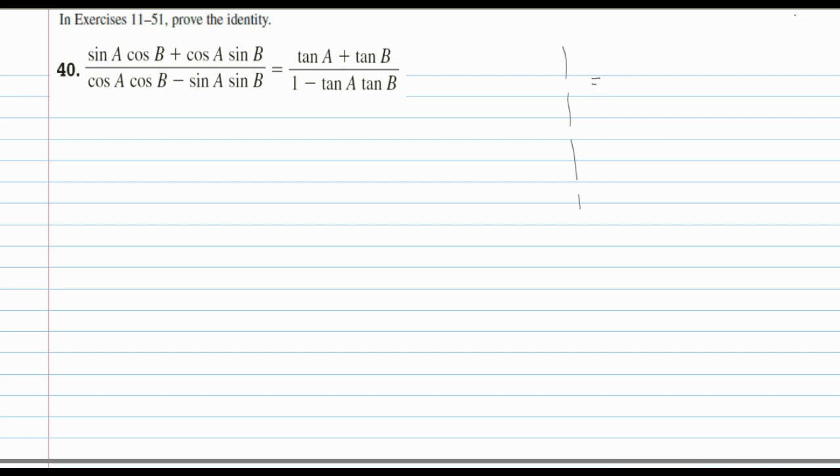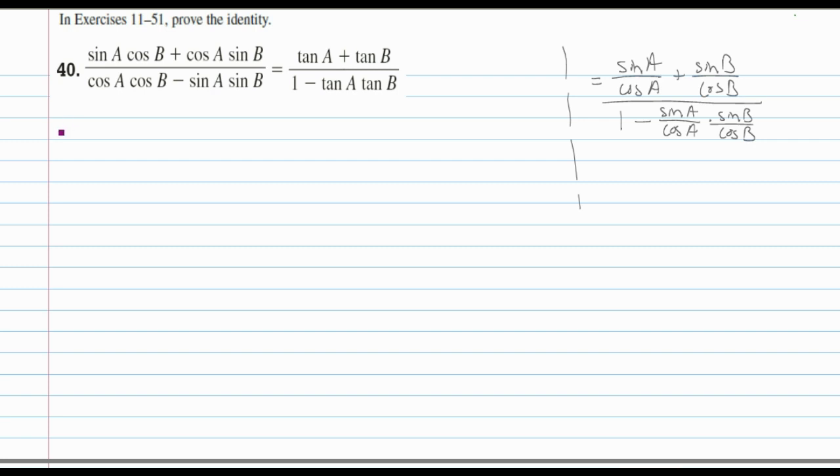The tangent of A is sine of A over cosine of A. The tangent of B is sine of B over cosine of B. The bottom, 1 minus tangent of A, tangent of B, is sine of A over cosine of A, and then sine of B over cosine of B. So I see something very common in the numerator and denominator on the right side that I don't see on the left side, and that is a denominator of cosine A and cosine B spread throughout here.